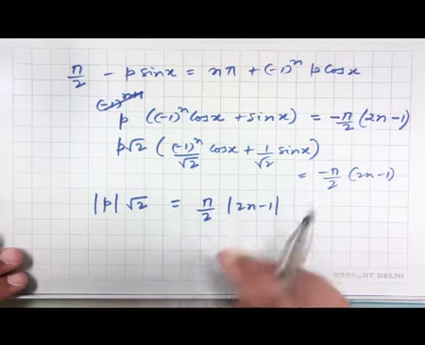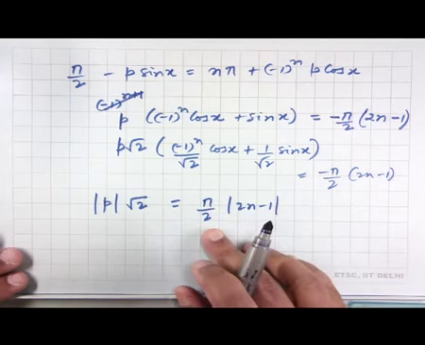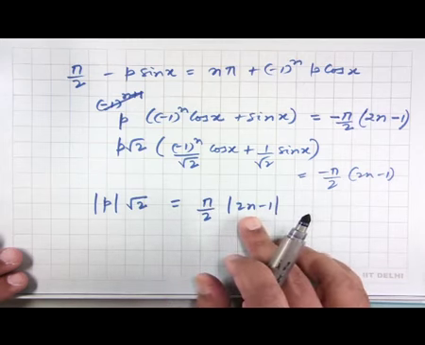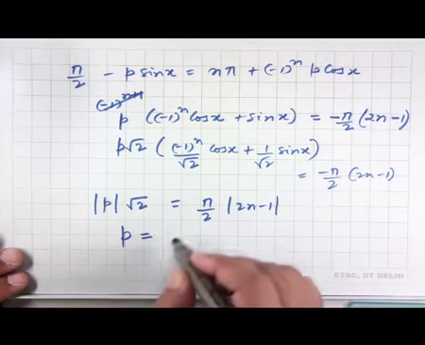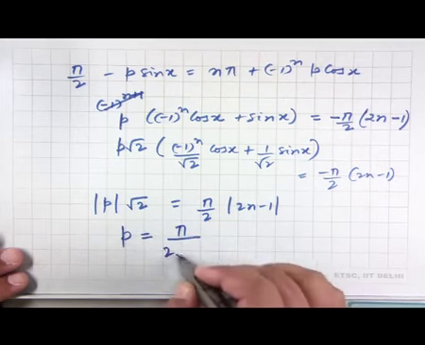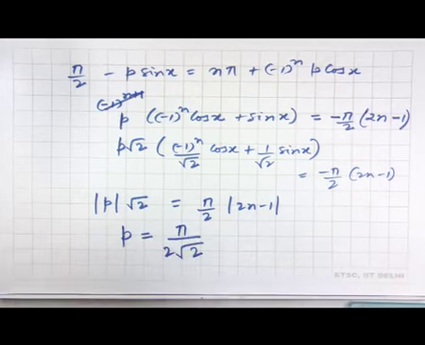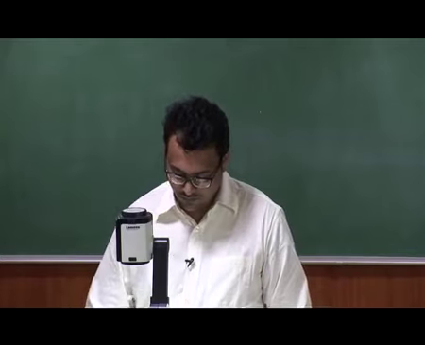Since we have to find the smallest positive value of p, we have to choose either n equal to 0 or n equal to 1, for which the smallest positive value comes out to be p equal to pi by 2 root 2. And that finishes the solution to this problem.